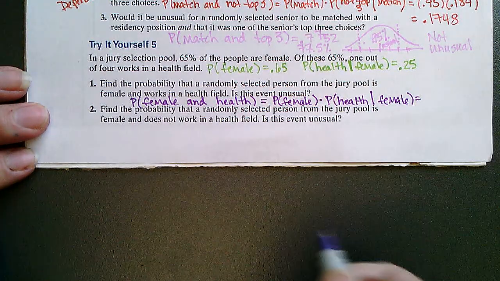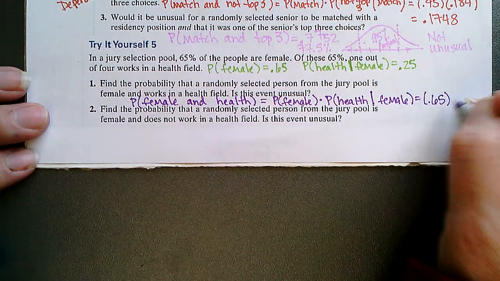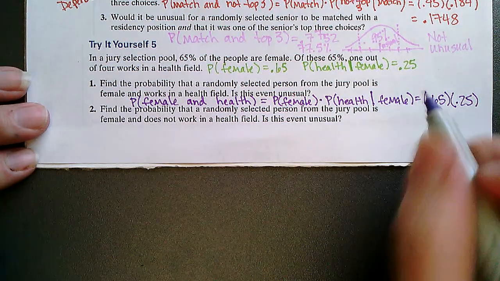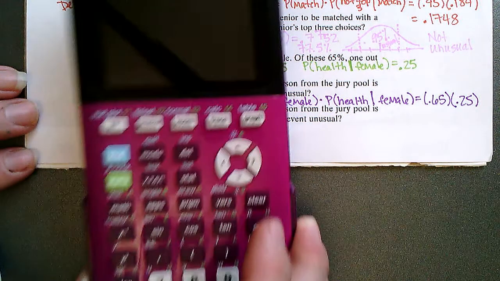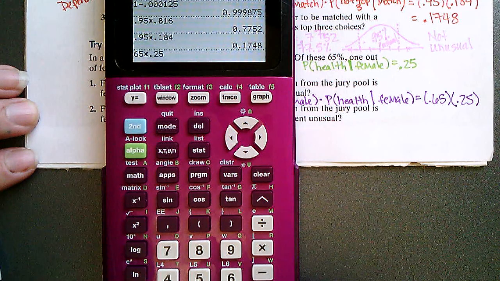So that would be the 0.65 for the first event times the 0.25 for working in a health field given that they're female. So 0.65 times 0.25, that is 0.1625.